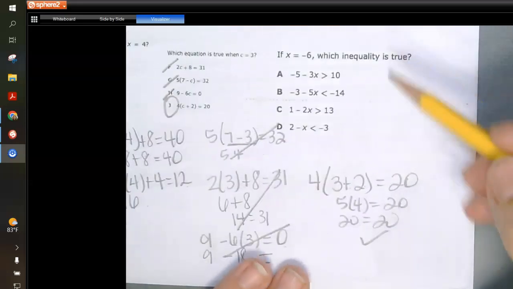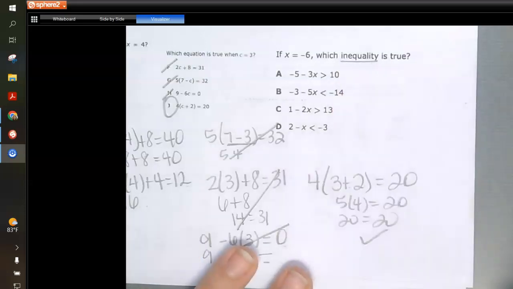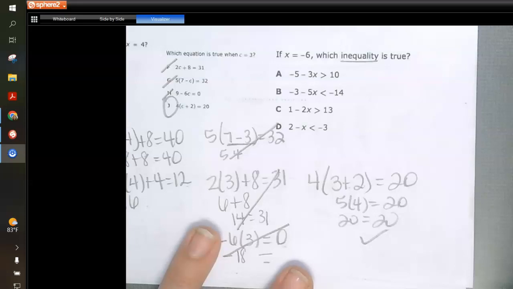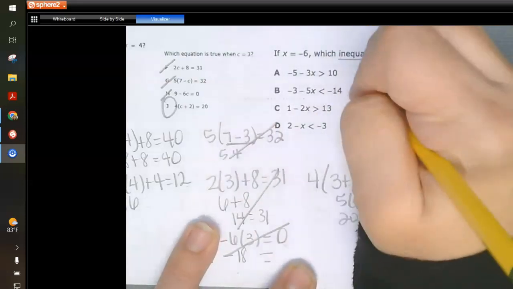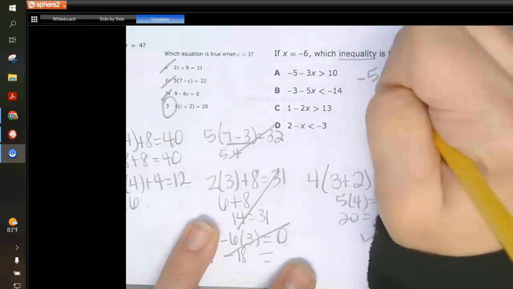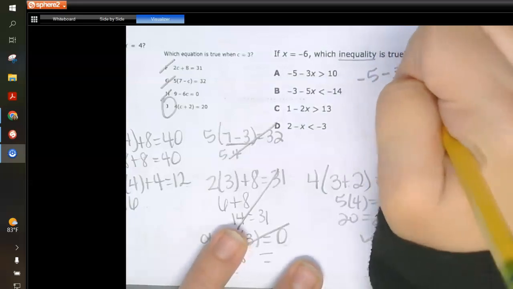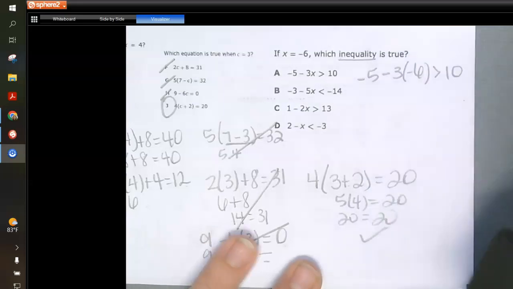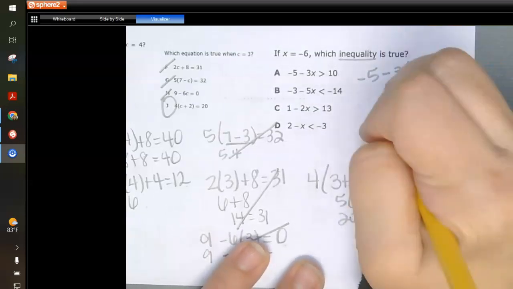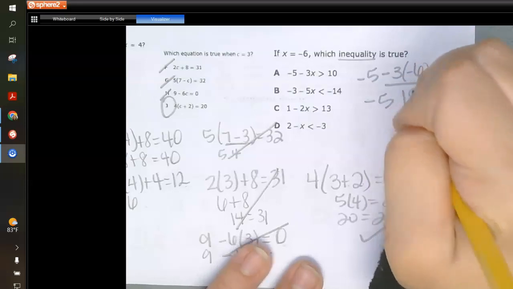All right, last one. This one is going to be an inequality. If x is equal to 6, which inequality is true, so we have A, negative 5, and a negative 3 times a negative 6 is greater than 10. So let's do this first. We have negative 5.